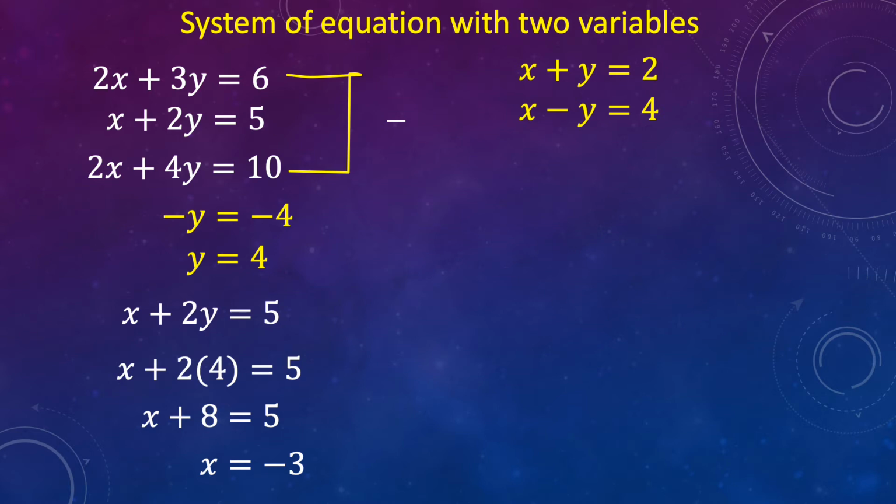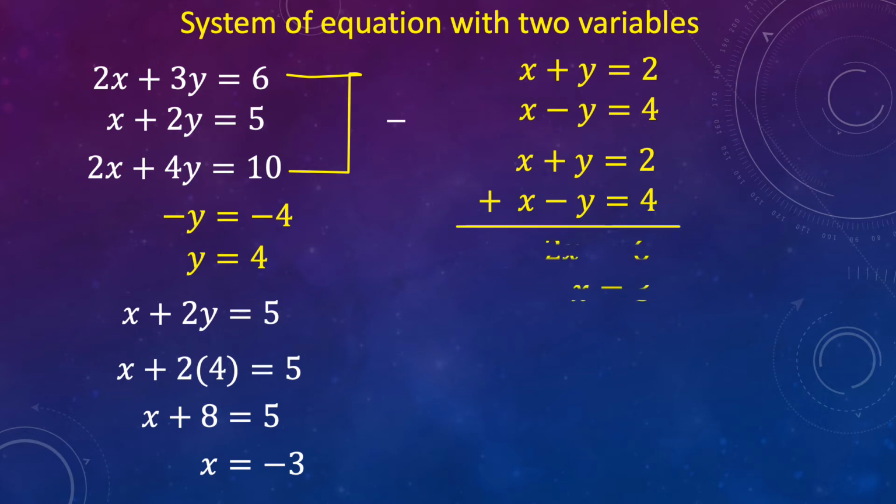Therefore, we add these two equations together. So you'll get x plus x equals 2x and y plus minus y will be y minus y equals 0, and then 2 plus 4 equals 6. So you'll get 2x equals 6, x equals 3. And same goes as for example 1, we'll substitute x equals 3 into equation number 1 or equation number 2.